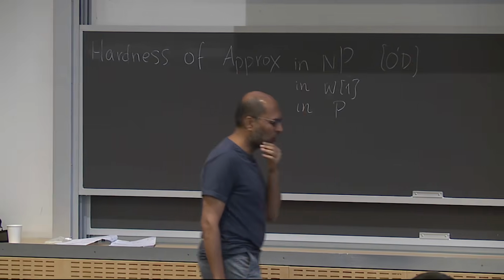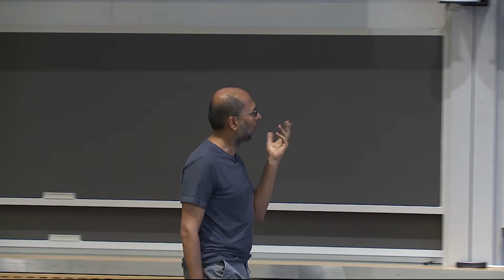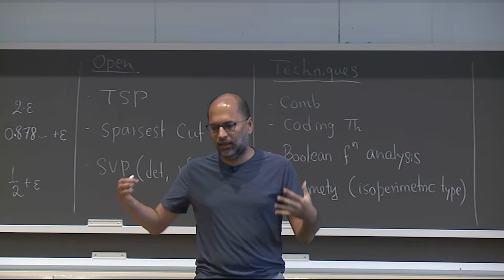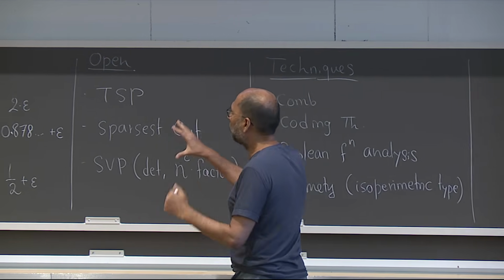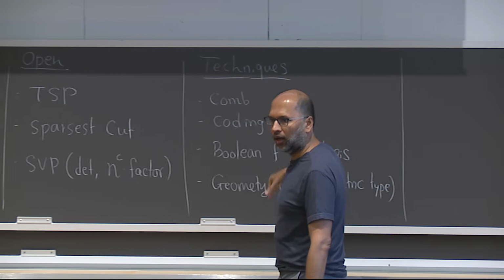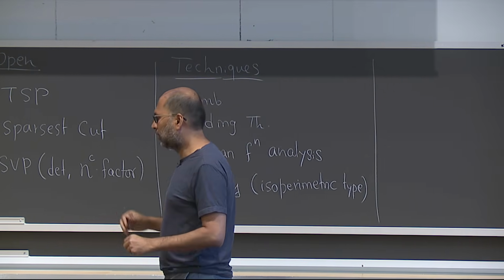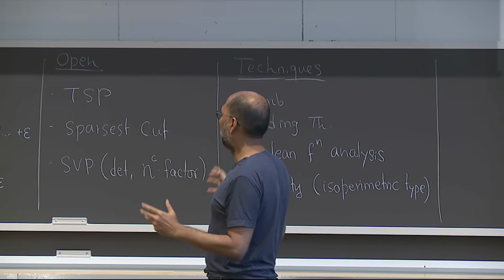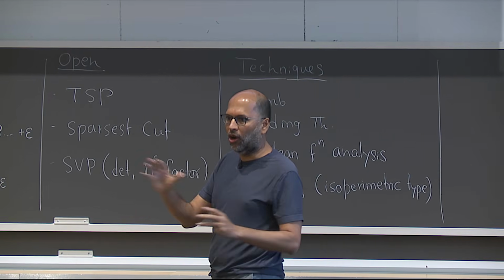So this topic, hardness of approximation in NP, you can view it from 3 different perspectives. Focus more on results, you could focus on the underlying techniques, or you could try to fit everything in terms of some high-level framework. And we'll do all 3.